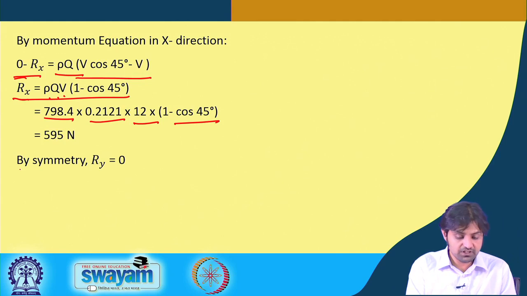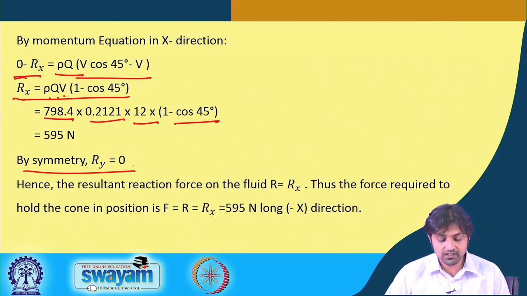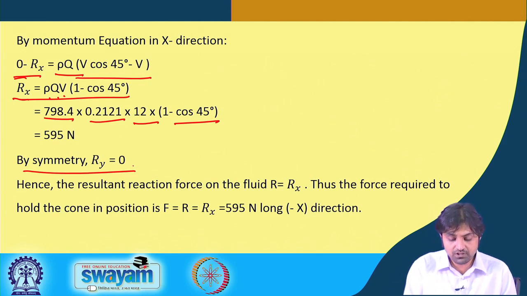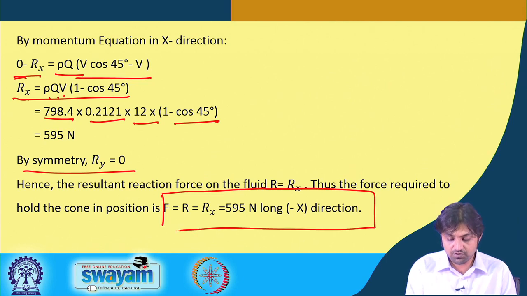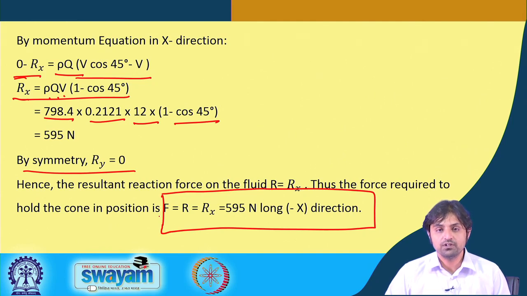By symmetry we can see Ry is equal to 0. Hence the resultant reaction force on the fluid is R equal to Rx. Thus the force required to hold the cone in position is F equal to 595 Newton along the negative x direction. This is one of the examples of this.